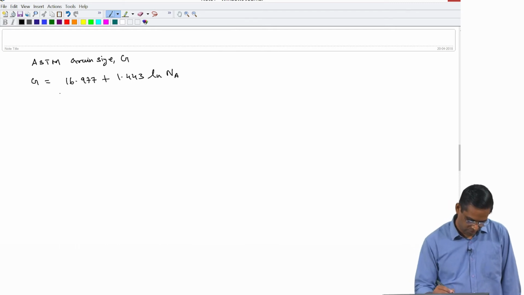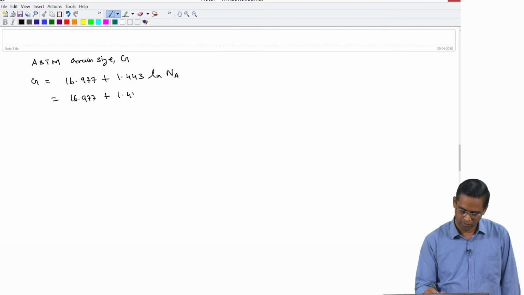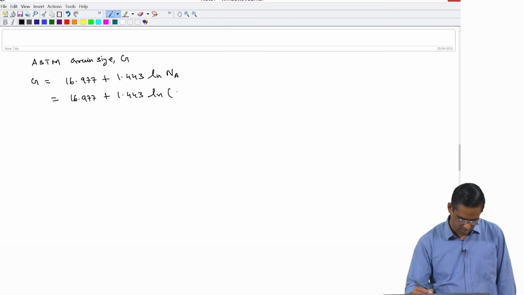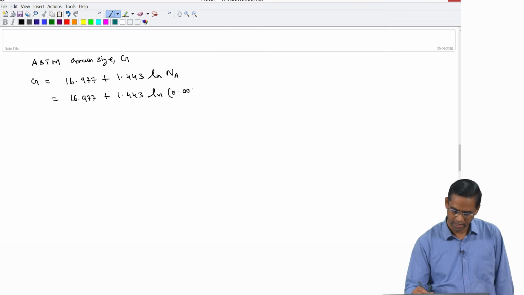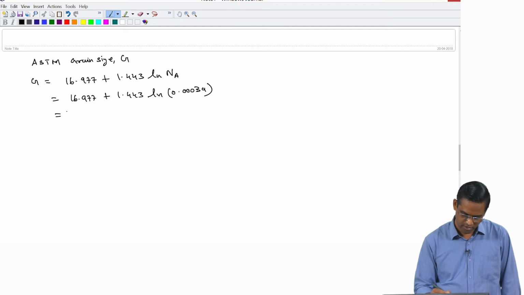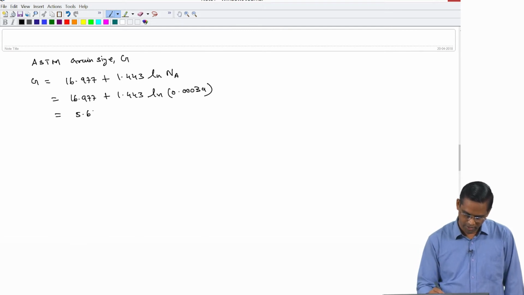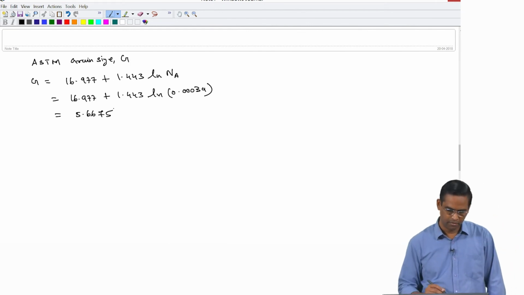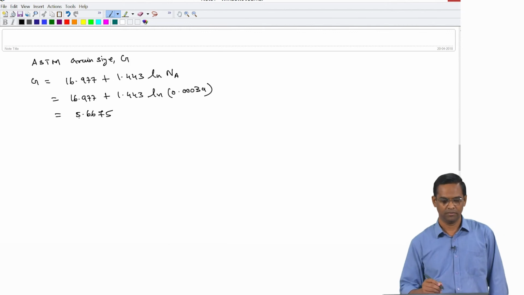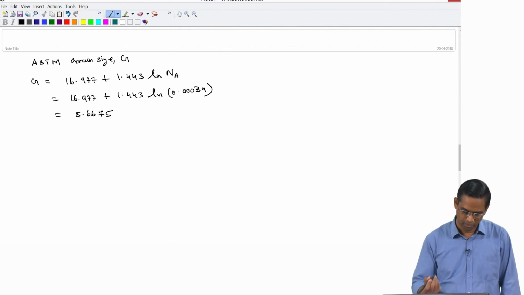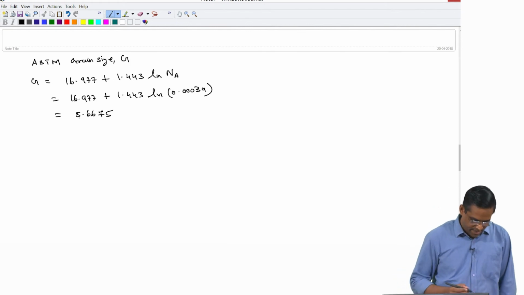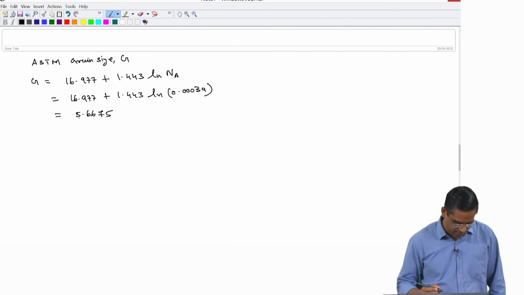So, if you substitute this 16.977 plus 1.443 ln, the first measurement I have taken in the Excel sheet is 39, which will come out to be 5.6675. So, this is the ASTM grain size number. So, you report only 5.6 or you can even say approximately 6 and so on.